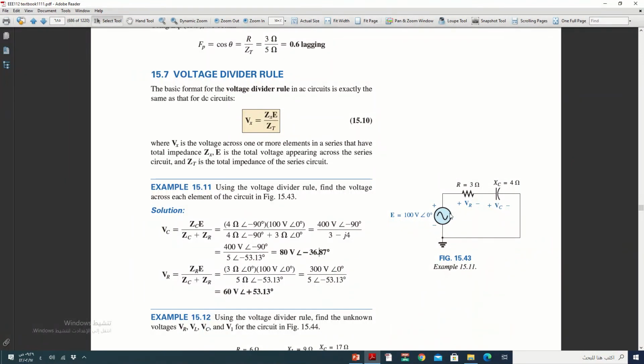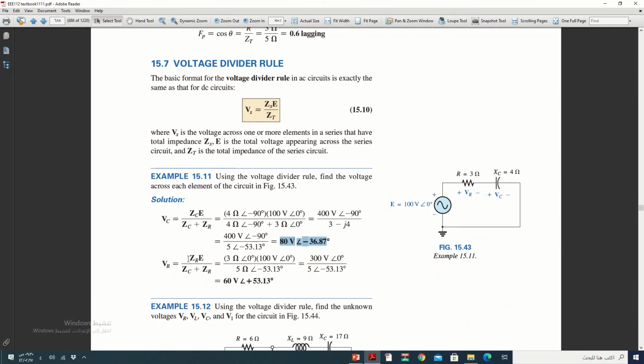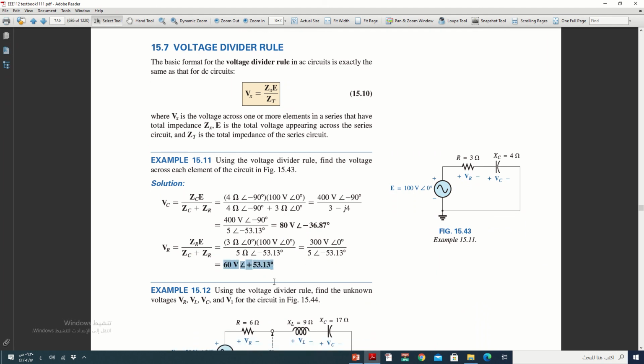Or you need to find the current, like the example before, and then multiply the current by ZC, you will find the same answer. By voltage divider rule, you will find the answer directly. VR equals ZR multiplied by voltage divided by total impedance, you will get 60 with angle 53.